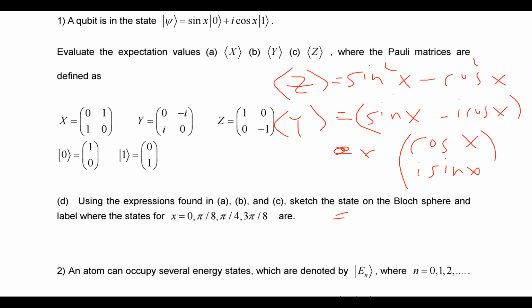And then the final calculation should be sine cosine X, and then there's two of these ones. This I here and this minus I here will give plus 1. So these ones will add to give 2 sine X cosine X, which is of course equal to sine of 2X. This first one is actually minus cos of 2X, right?